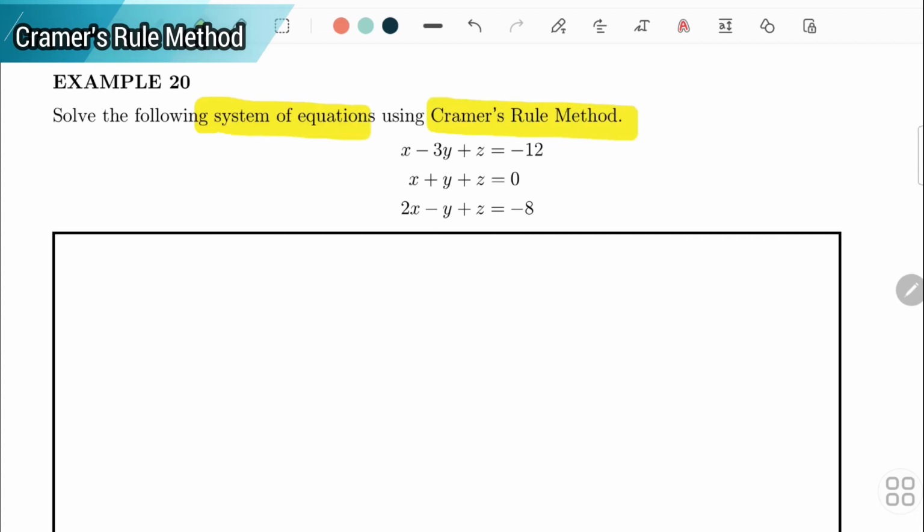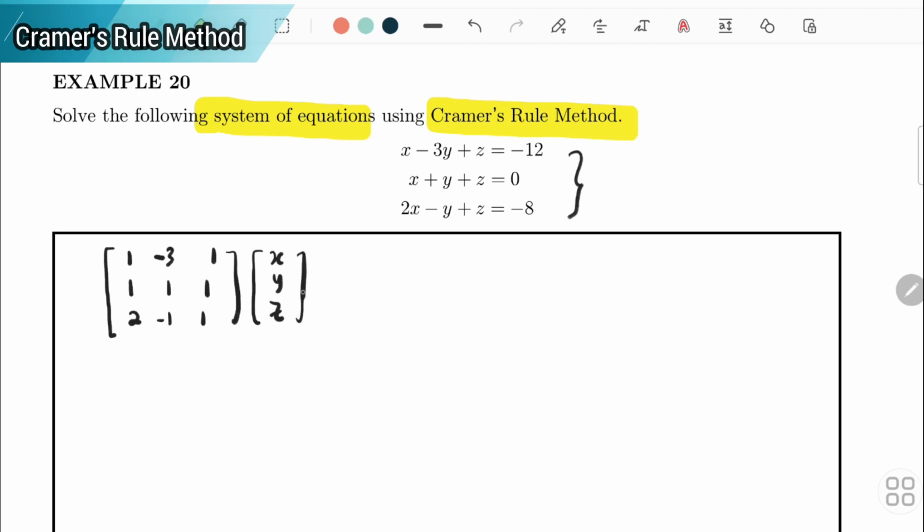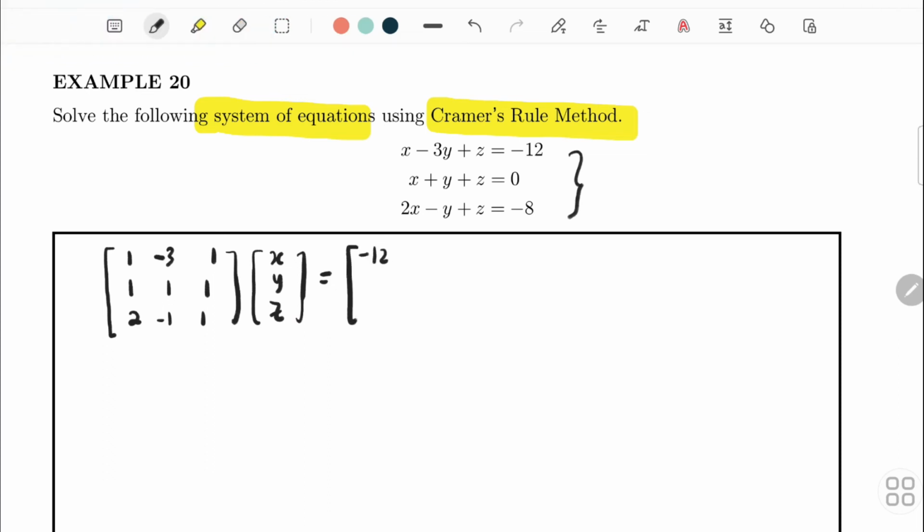You are given three linear equations, so you have to rewrite them in the form of Ax equals B first: the matrix with rows 1, -3, 1; 1, 1, 1; 2, -1, 1, multiplied by the variables x, y, z, equals a column matrix of constants -12, 0, -8. This is in the form of Ax equals B.